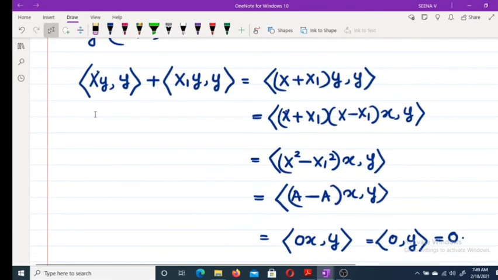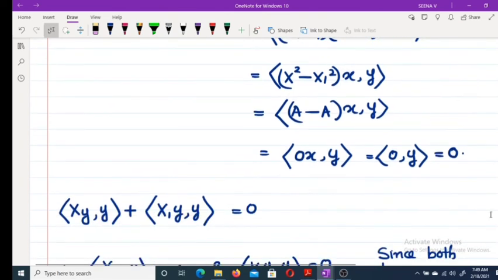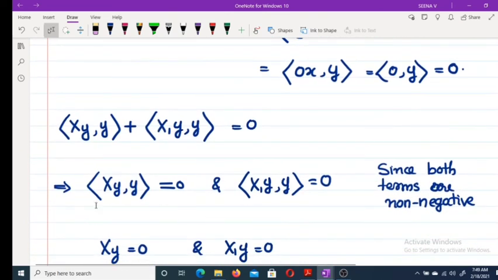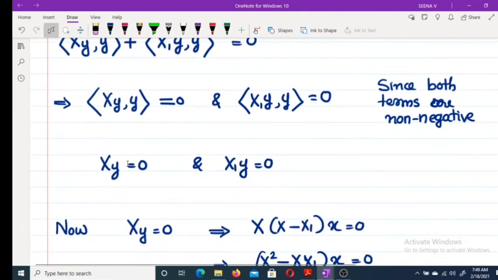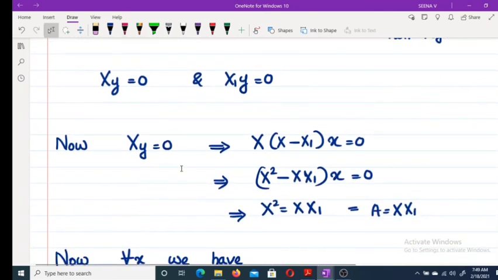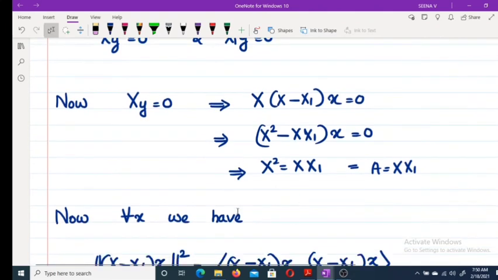Okay, and these are non-negative terms and sum is equal to 0, means each term is 0. xyy equal to 0 and x1yy equal to 0, both the terms are non-negative. This means xy equal to 0, x1y equal to 0. xy equal to 0 means x into x minus x1 x equal to 0, x square minus x x1 x equal to 0, and this holds for every x, which implies x square equal to xx1. Okay, x square equal to xx1.